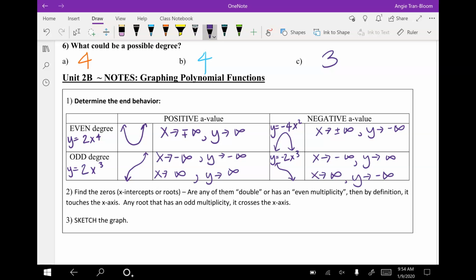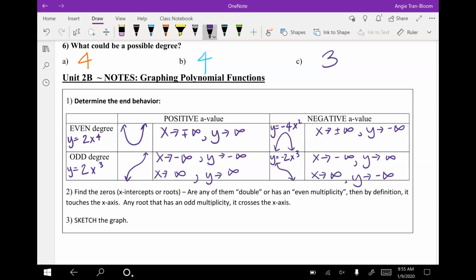Are any of them double, aka an even multiplicity? Then by definition, it touches the x-axis. Any root that has an odd multiplicity, it crosses the x-axis. That's confusing, huh?